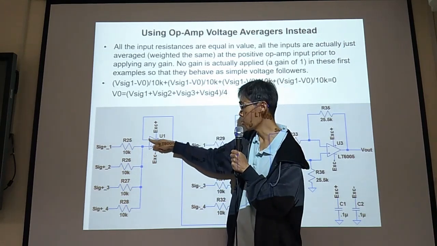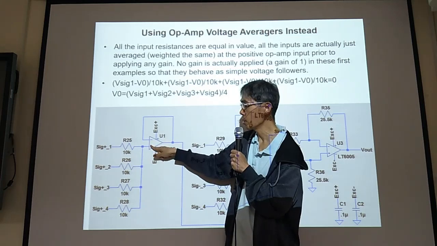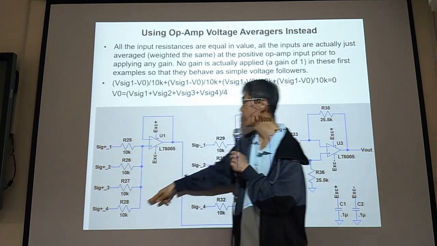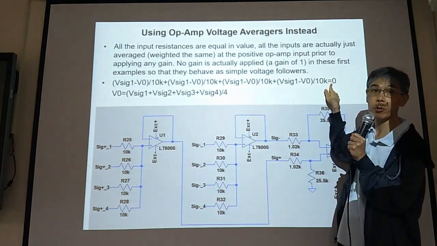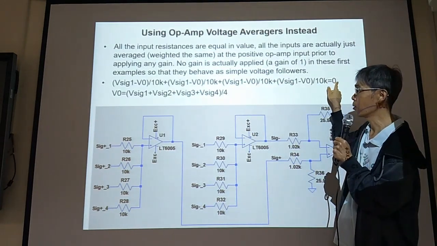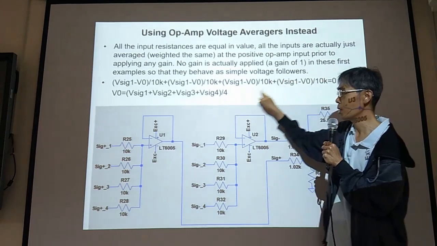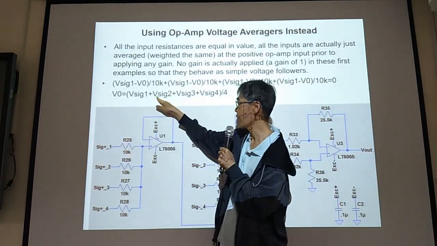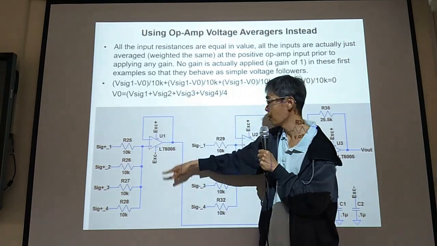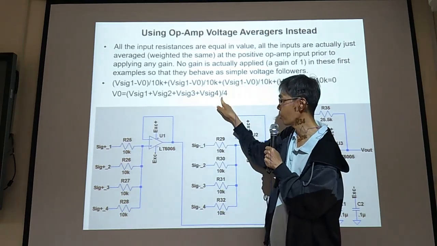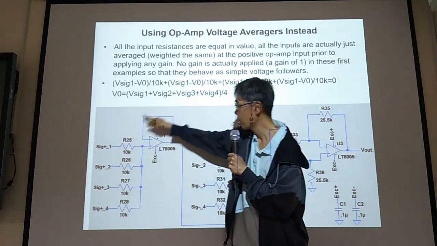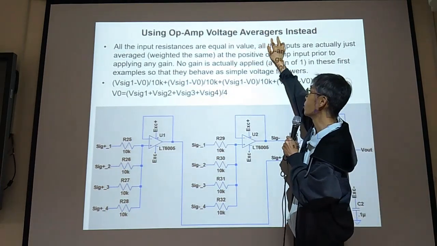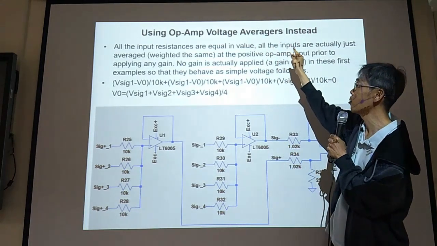But I out goes to this one. There's no current here, so it means I1 plus I2 plus I3 plus I4 equals 0. So you just rearrange this equation and you can get the result: VO equals (V sig 1 plus V sig 2 plus V sig 3 plus V sig 4) divided by 4. So this circuit is a voltage averager.